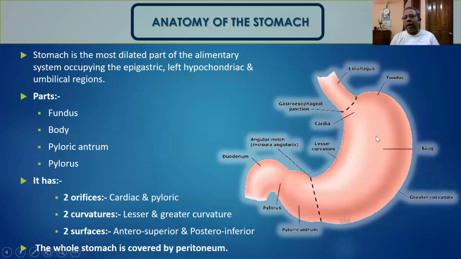One thing to remember: during development, the GI tract is a hollow tube in the midline. Subsequently, some parts of the intestine become dilated towards lengthening, and for accommodation they undergo some rotation.